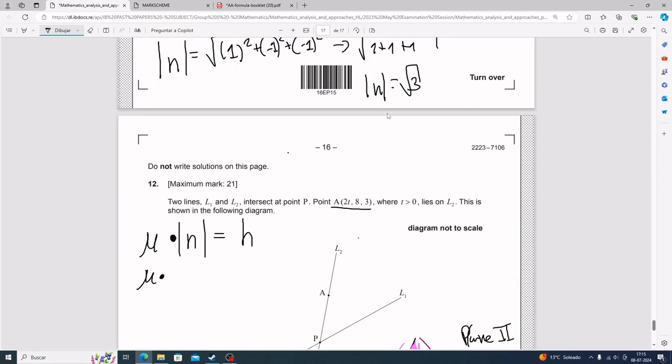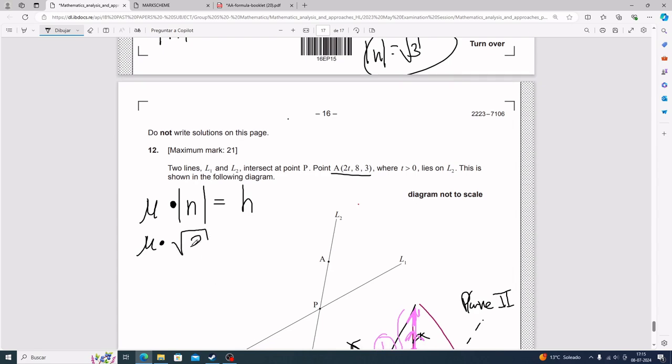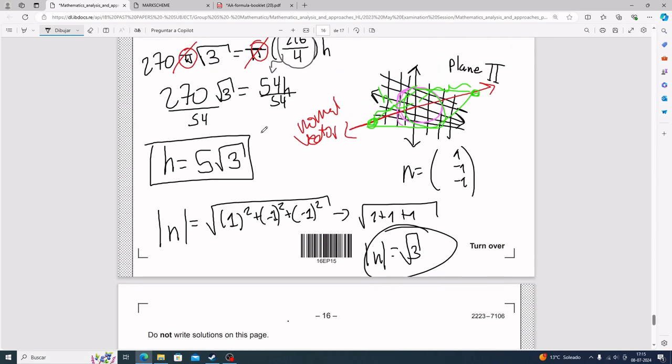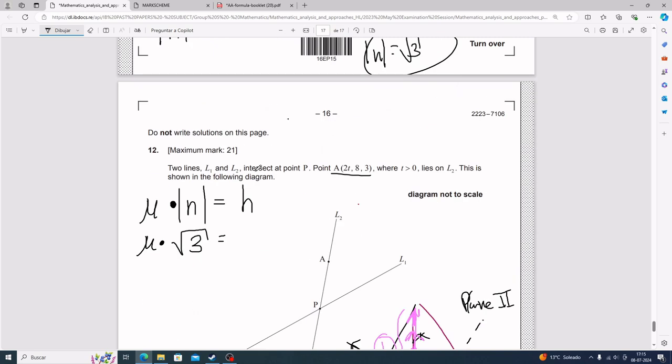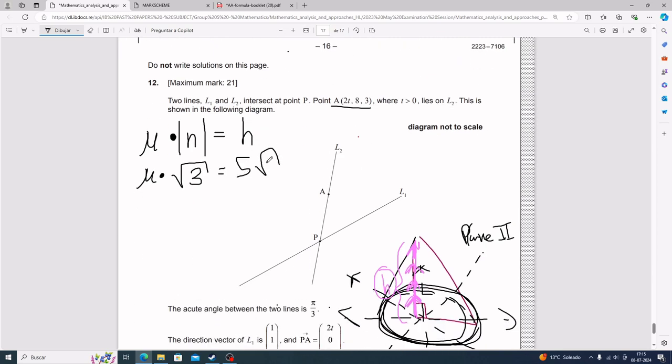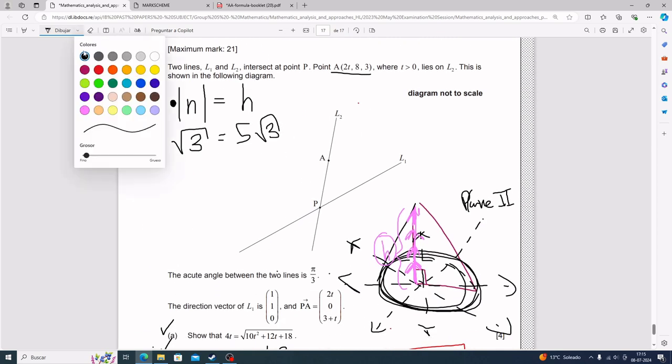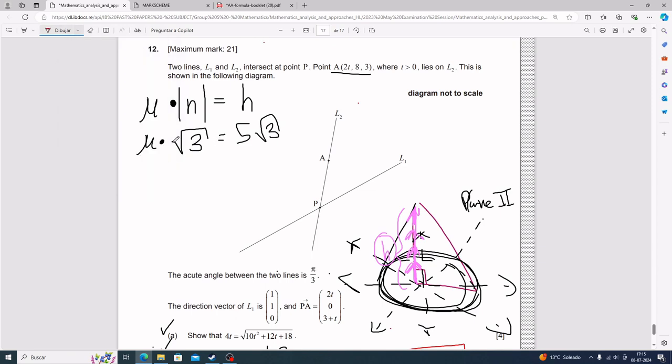So you can plug in that magnitude of n equals square root 3 right here. And h, we found from earlier, is 5 square root 3. And now it's really no surprise that, really the last step, you divide by square root 3, and u has to equal 5.